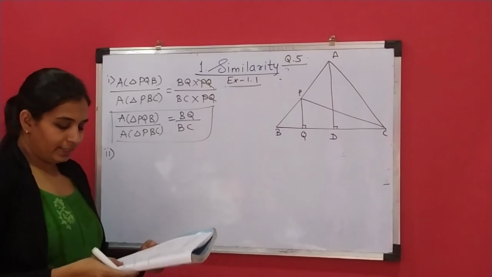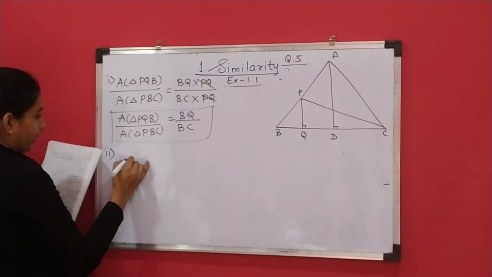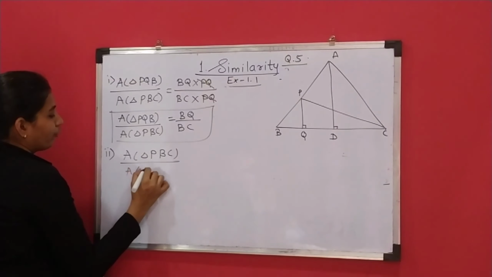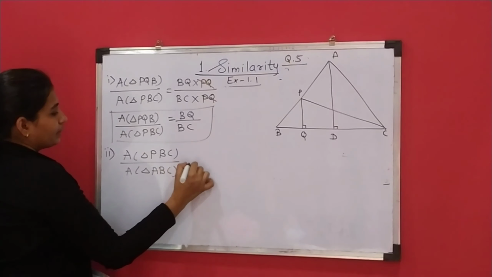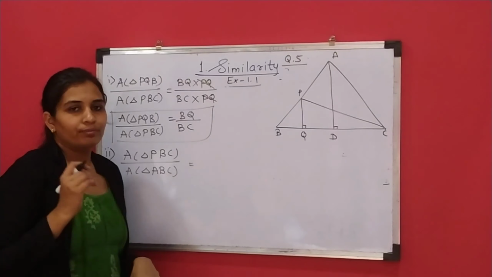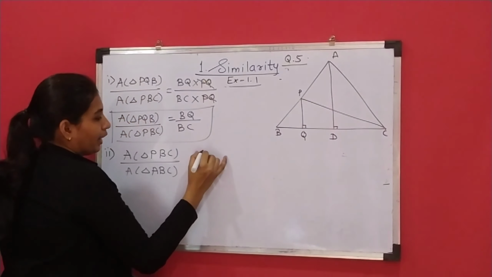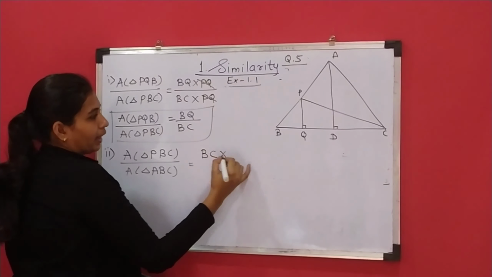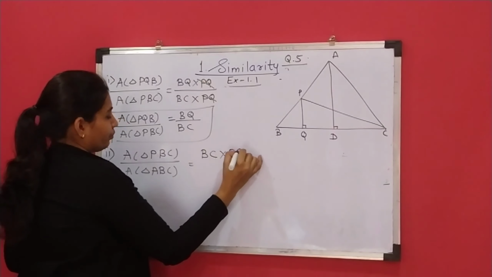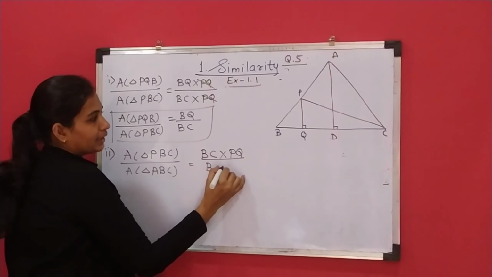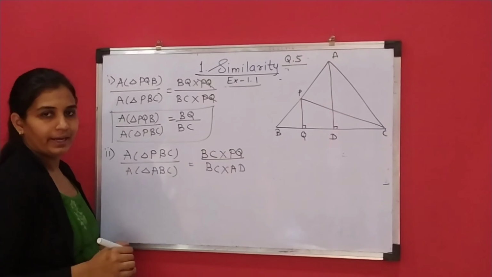Now the second ratio is asked, area of triangle PBC upon area of triangle ABC. Now observe both the triangles again. Triangle PBC has base BC and height PQ. For triangle ABC, the base is BC and the height is AD.